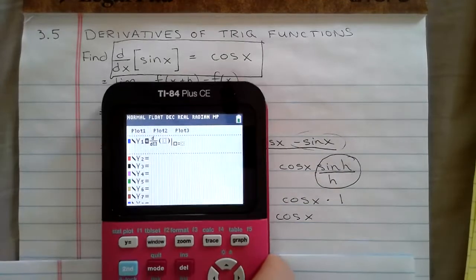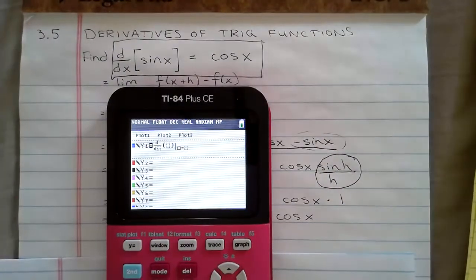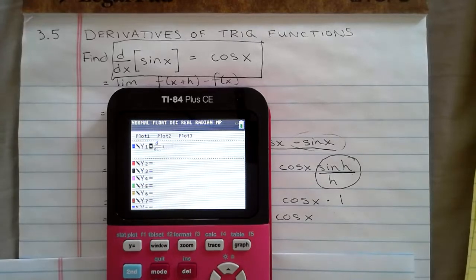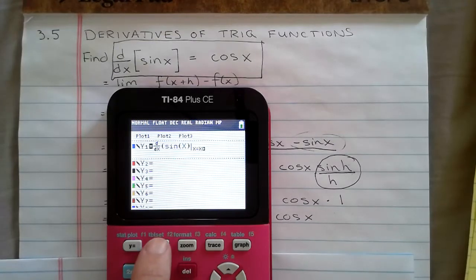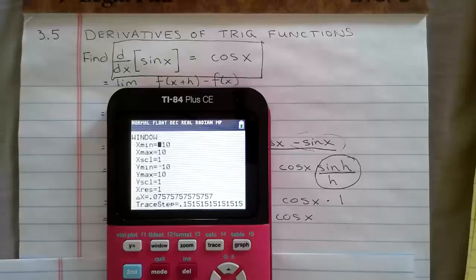So the other way we could have done this was I could have had you graph the derivative of the sine of x, and graph it for all x. Let me see what my window settings are. I don't want that.